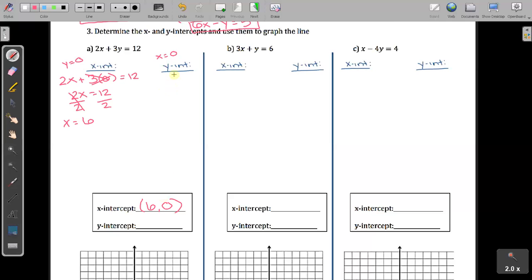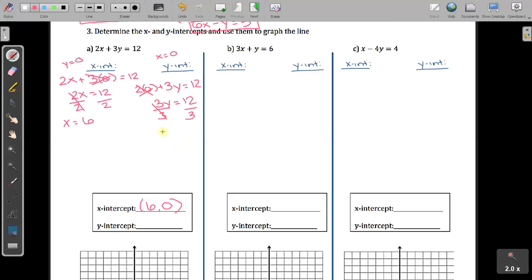Now we're doing the same thing for the y-intercept, but now we're going to substitute 0 in for our x. So we're going to have 2 times 0 plus 3y equaling 12. 2 times 0 cancels out because it's 0. We bring down everything else as is. 3y equals 12. And divide both sides by 3.